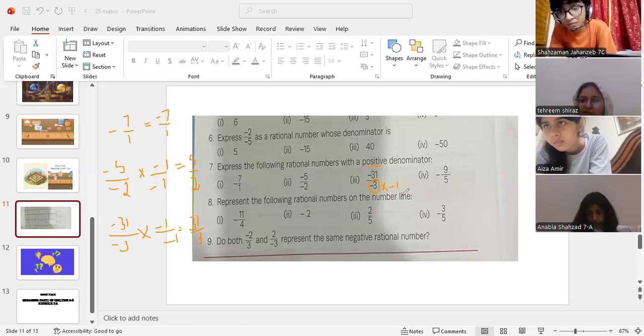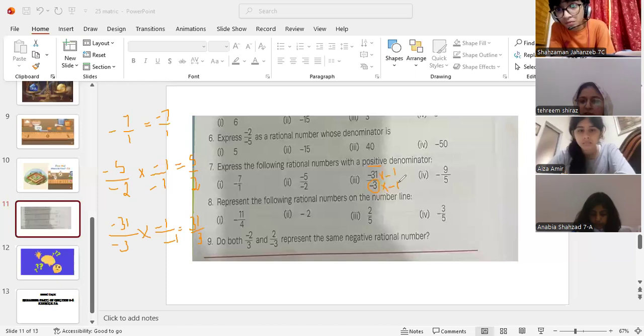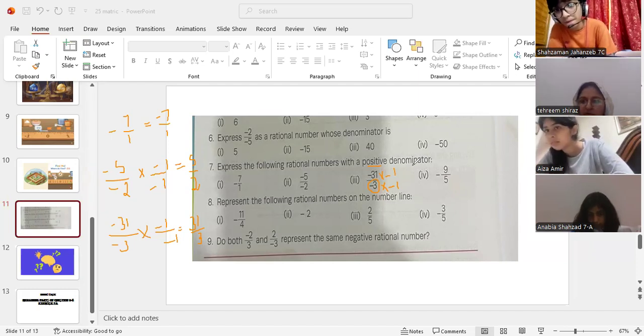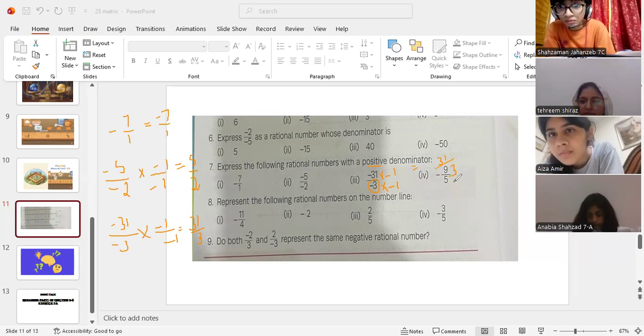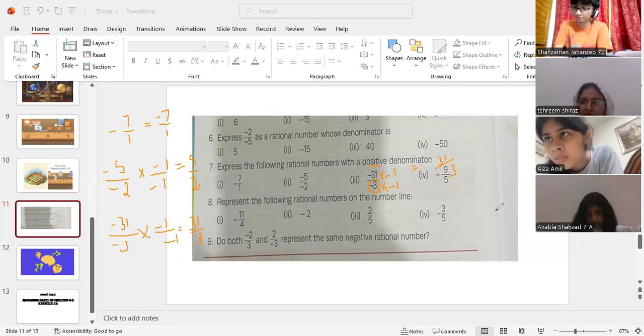Whatever we do in the denominator, the same we will do in the numerator. So the answer will be 31 divided by 3. Okay, thank you, ma'am.